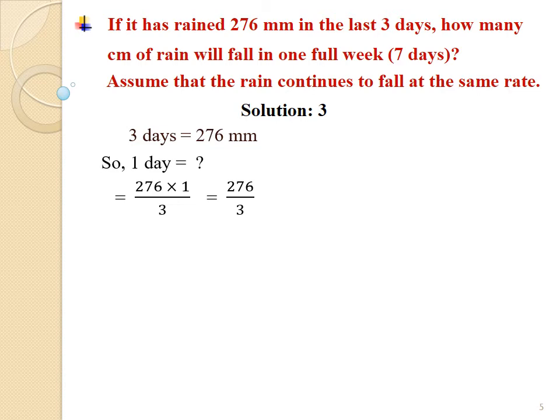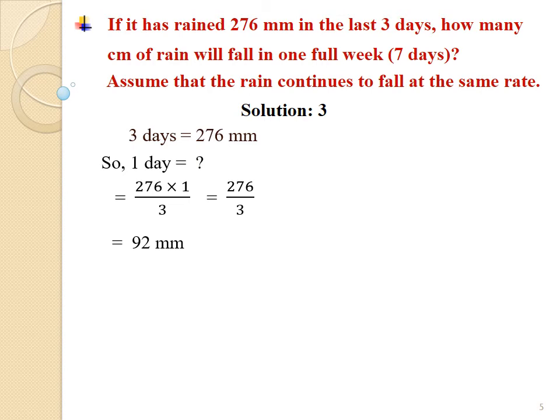Now, dividing 276 by 3, we get 92. Thus, 92 millimeter rain rained in 1 day. Now, let us find out for 7 days.